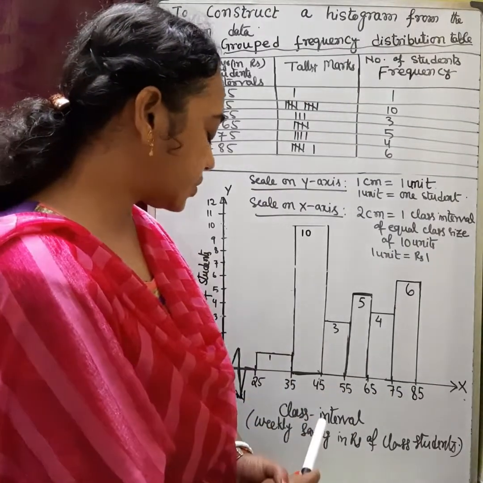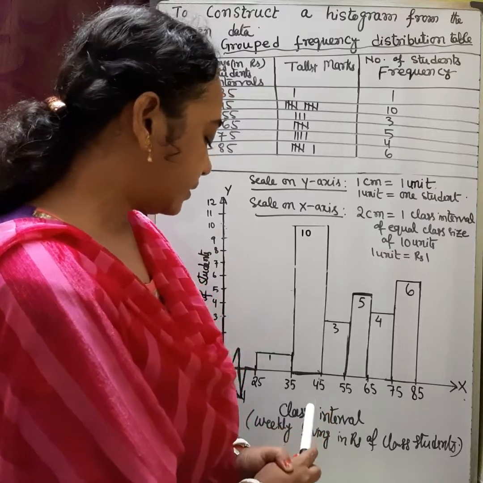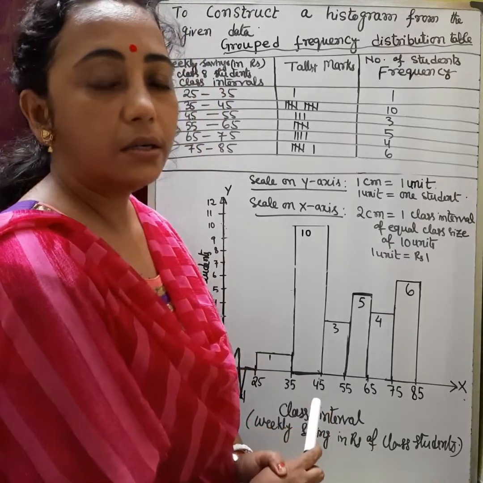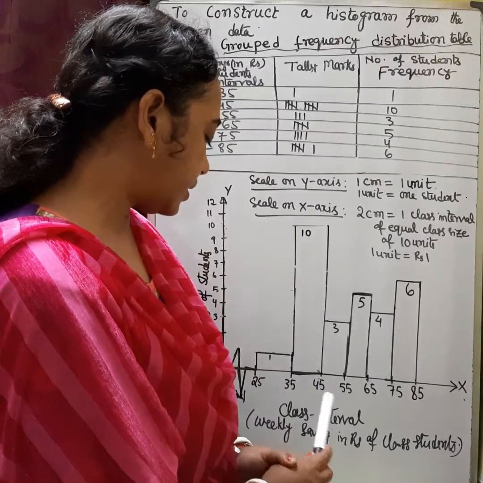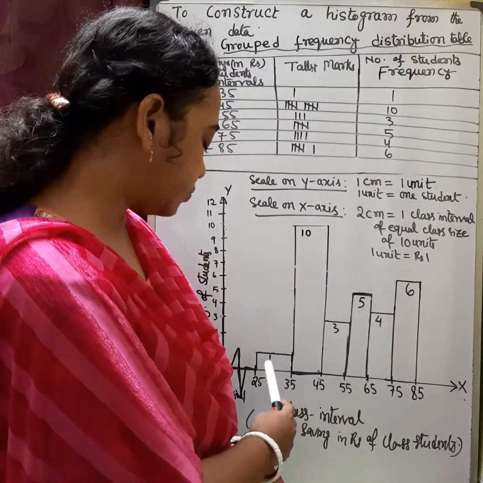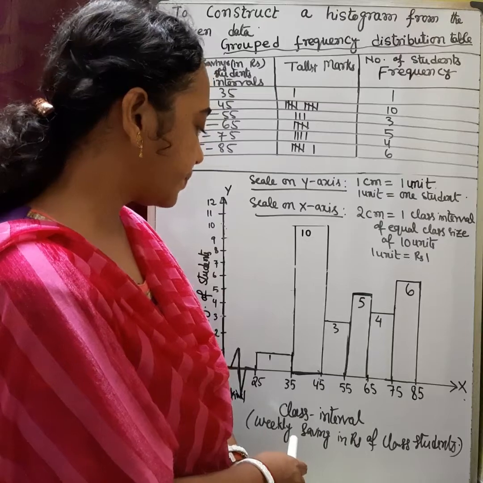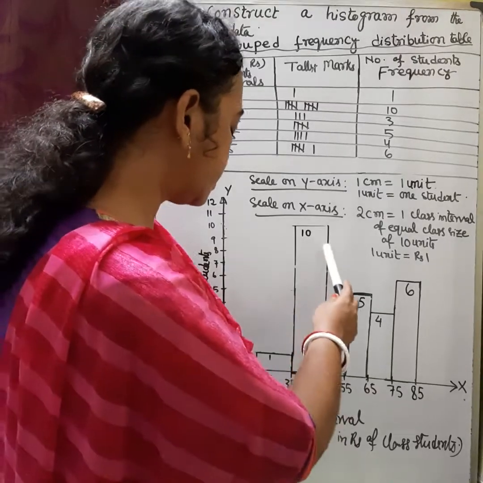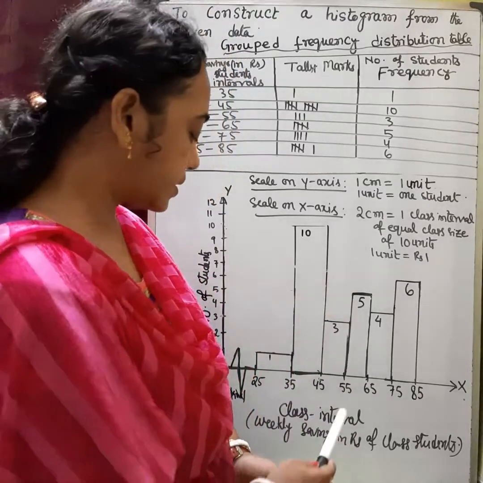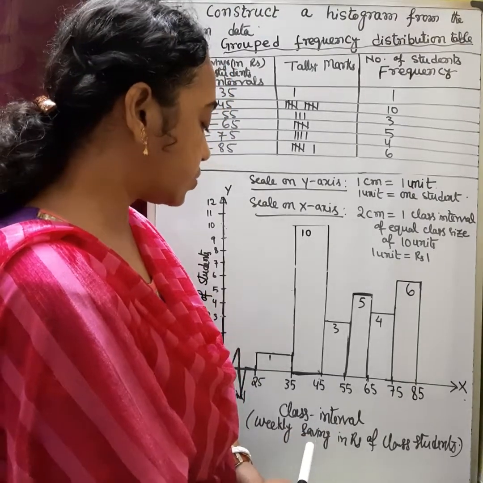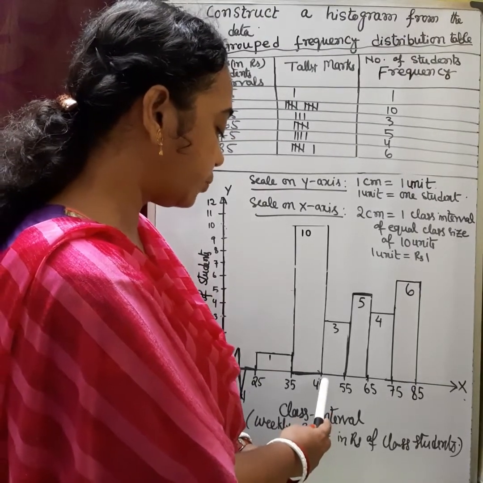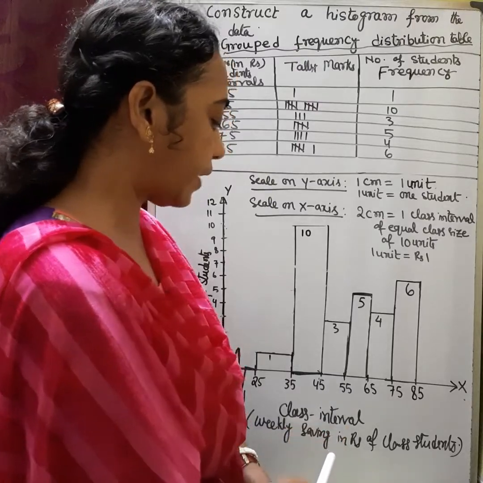Now from this histogram we can say that there is only one student of class 8 whose weekly saving is in between rupees 25 to 35. There are 10 students whose weekly saving is rupees 35 to 45. There are 3 students whose weekly saving is in between rupees 45 to 55.